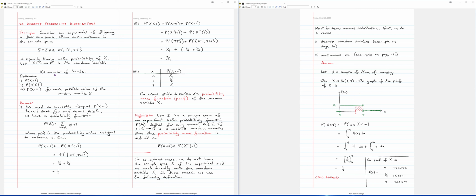You can see it right here from your sample space: you can get no heads at all, so zero heads, or one head, which is these two cases, or two heads. So the possible values of your random variable X are 0, 1, and 2.